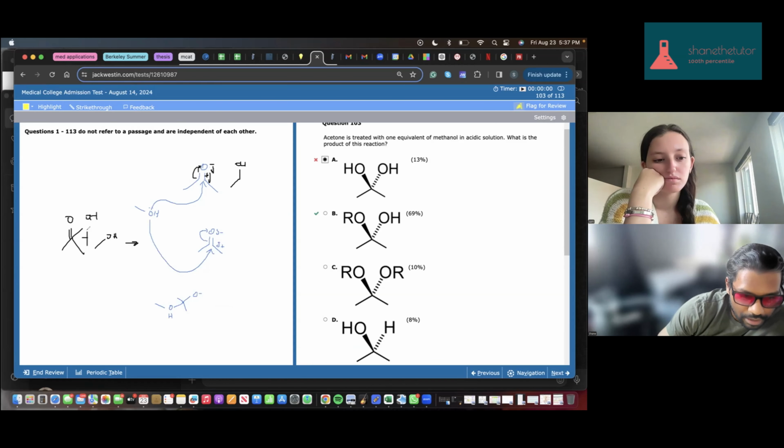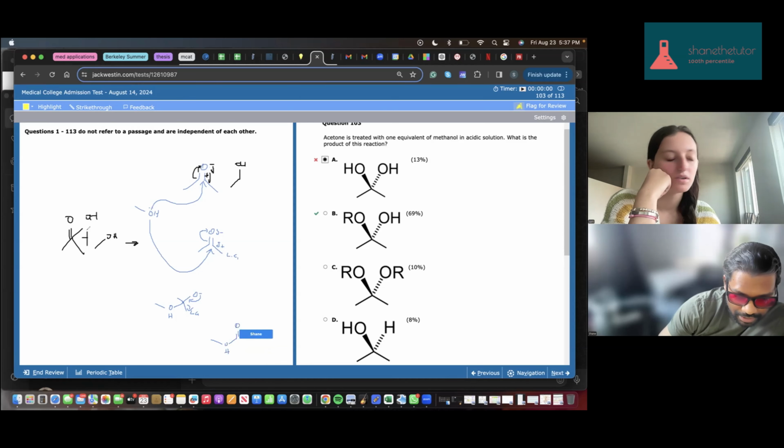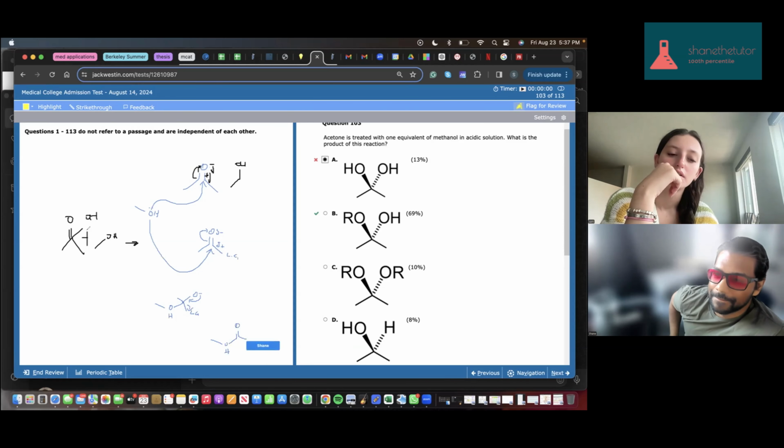And it will then reform the double bond. And then let's say this is a leaving group, kick off the leaving group to then give you the OH bound that way.